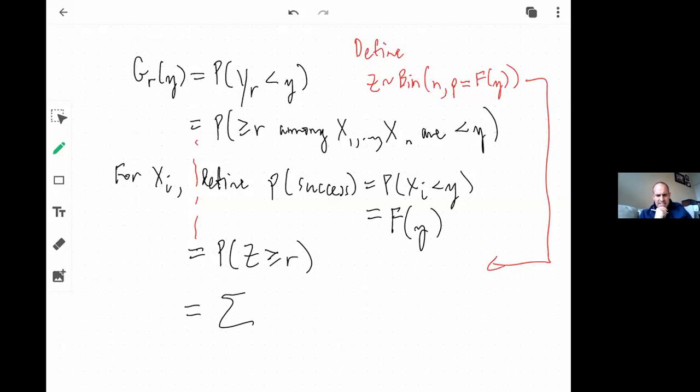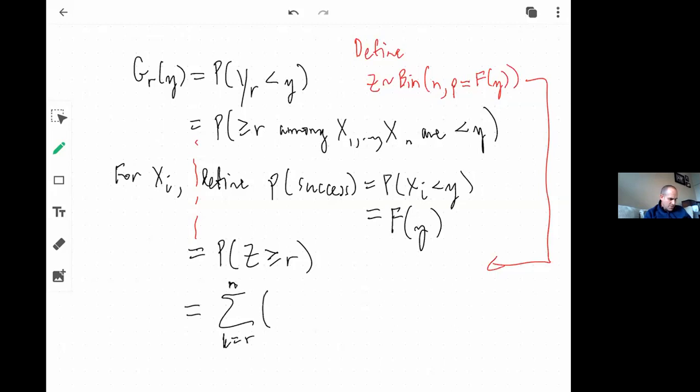Well, I need to have at least R successes. That means at least R of these Xi's were smaller than Y. That's what it would take for the rth order statistic to be smaller than Y. This is an if and only if. So this is K equal to from R all the way up to N.